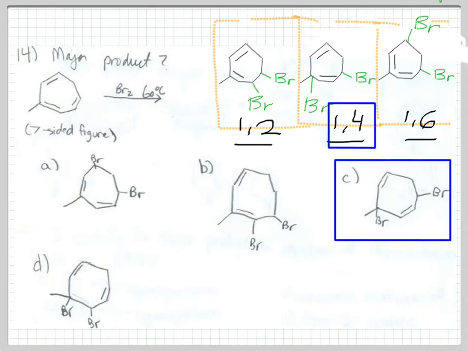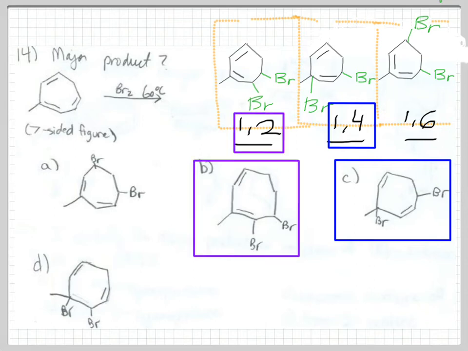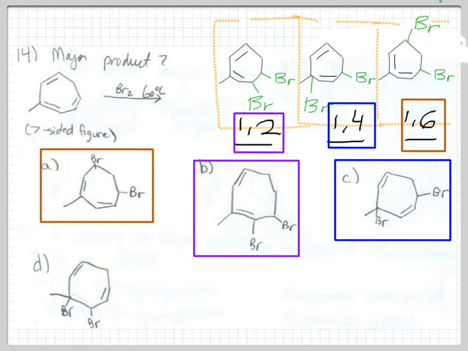The 1,4 is C, the 1,2 is B, and the 1,6 is going to be A. So all of those are in consideration, and answer choice D is not, because it was not given in the choices that we have created right over here.